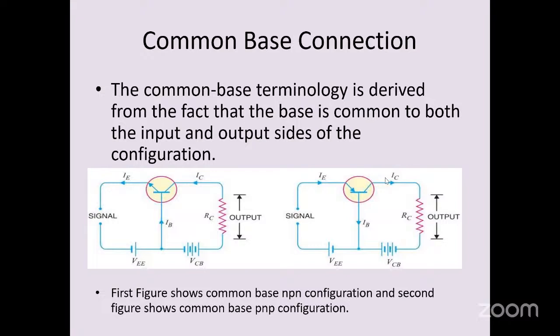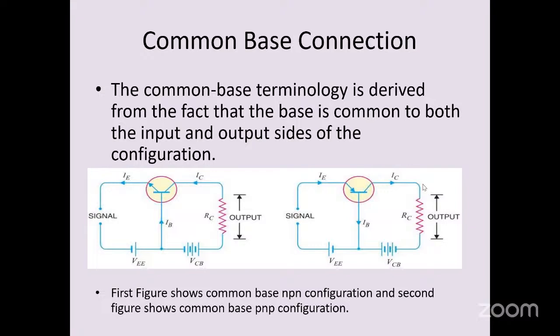The remaining carriers coming out from the emitter region towards the base, the base feeds all these carriers towards the collector region across the collector diode junction. So that here the collector region has a current, that is IC, collector current.